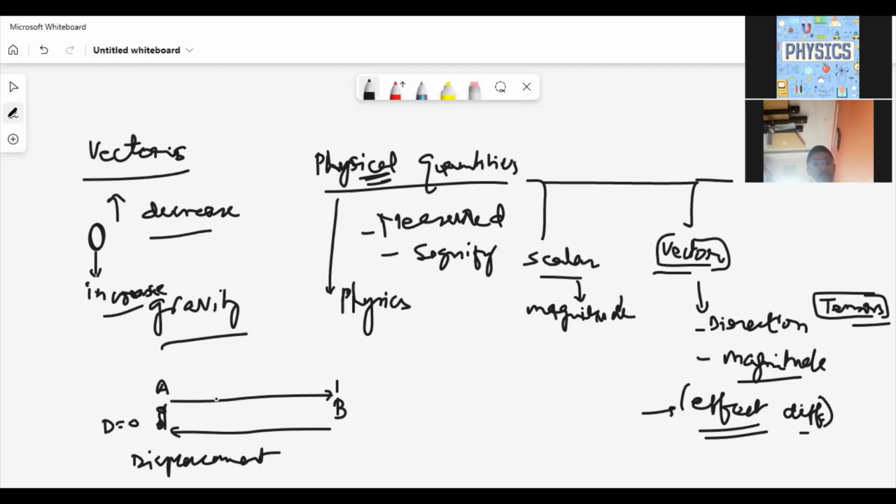But since you have covered some length of the path, how can your displacement be 0?